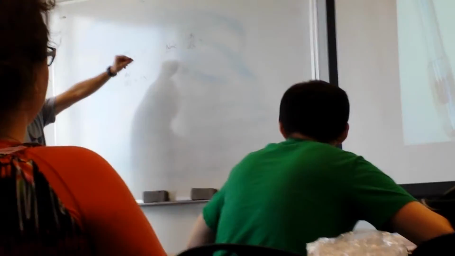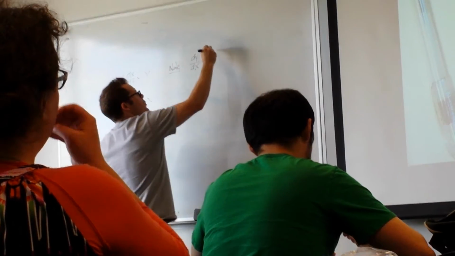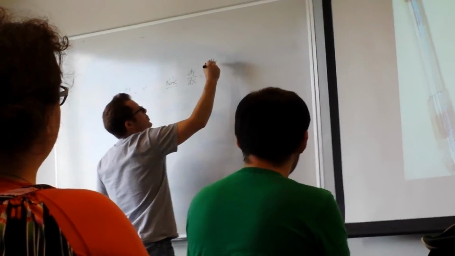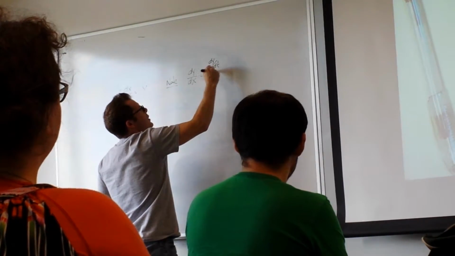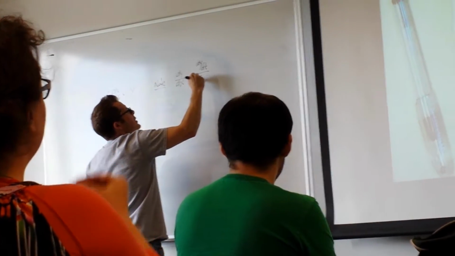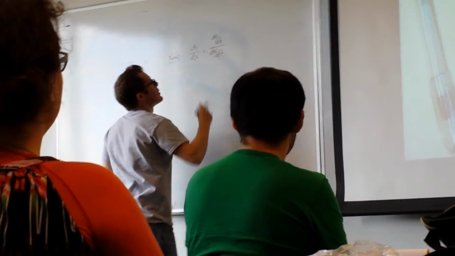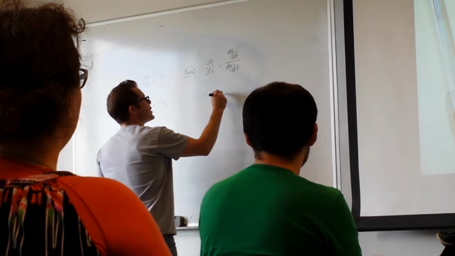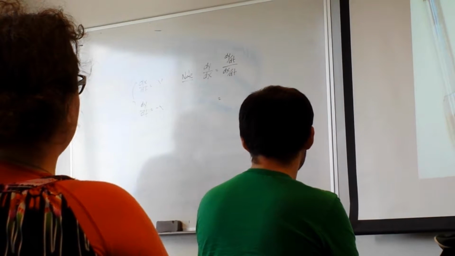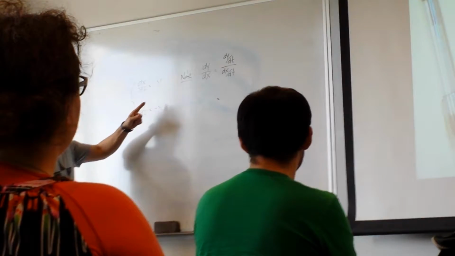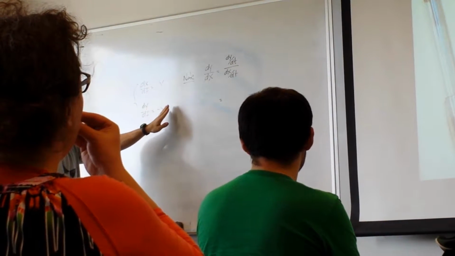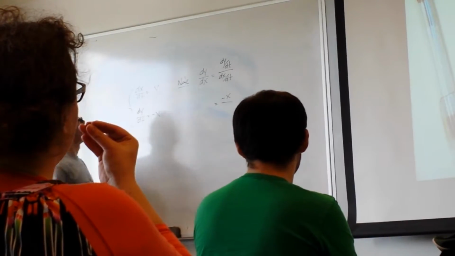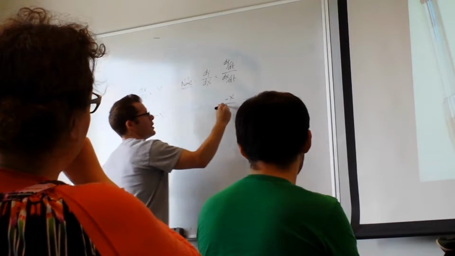Notice there's no parameter t, but we can get it by the chain rule, dy dt over dx dt, where the dt's go away. And what do we get? dy dt is negative x over dx dt, which is just y.